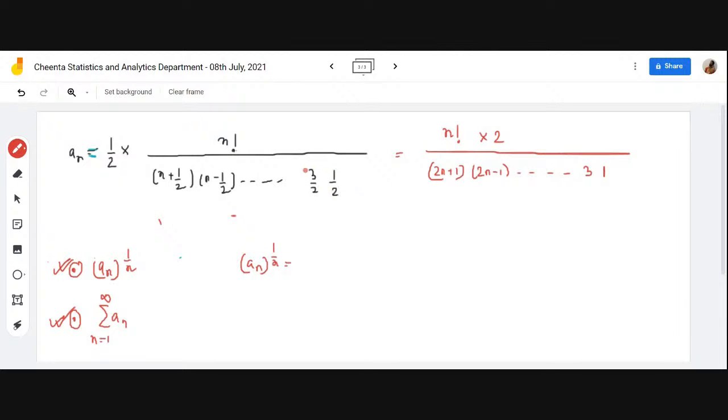There are how many terms? 2n minus n plus 1. So it will be 2 to the power n plus 1 by 2, so it will get cancelled and we will get 2 to the power n over here.